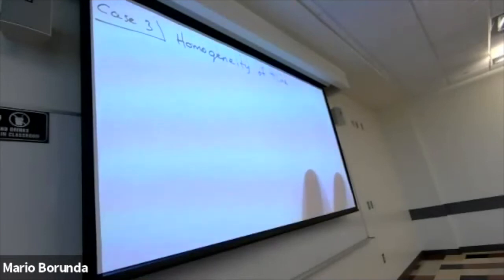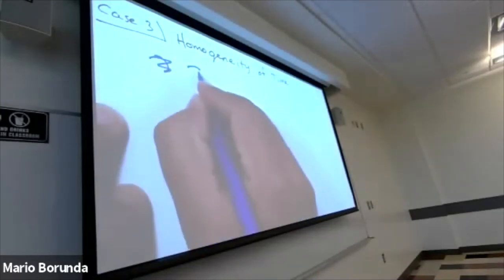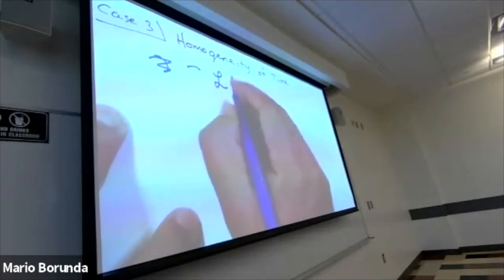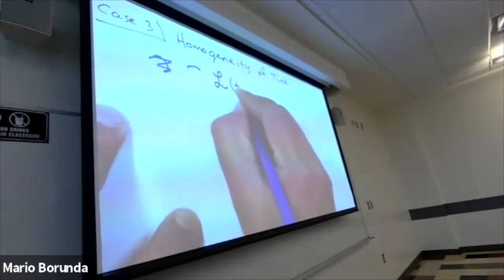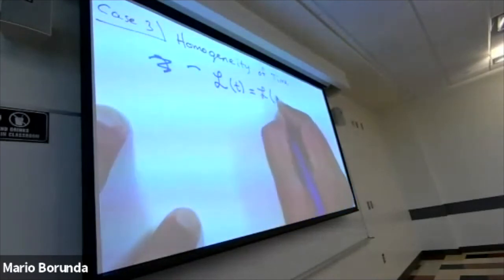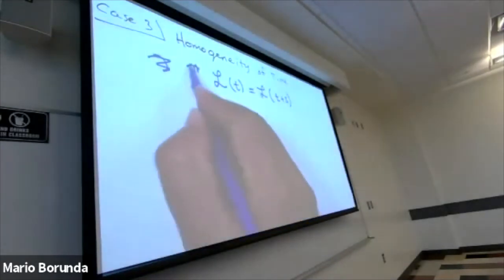All right, so then this is the third case I want to prove. What does homogeneity of time mean? In math terms, it means that L of t is equal to L of t plus s. Does that make sense?